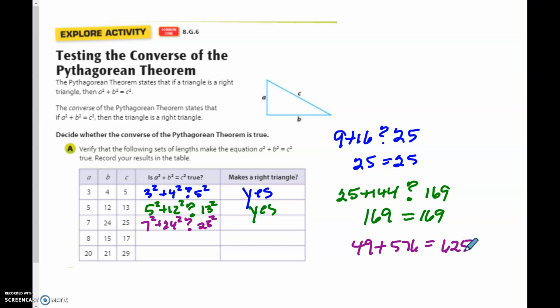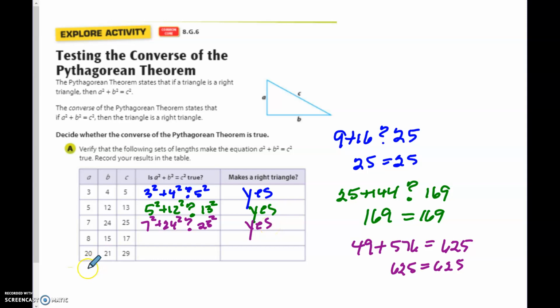So 49 plus 576 is 625. So 625 equals 625. So yes, this is a right triangle.